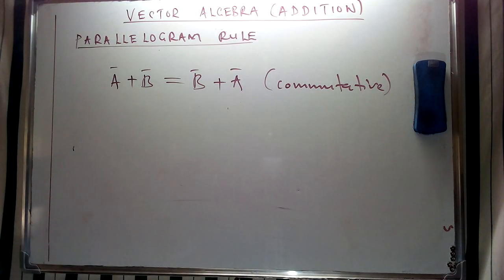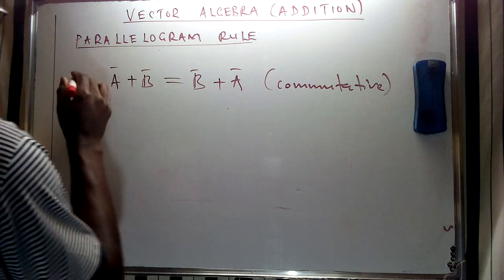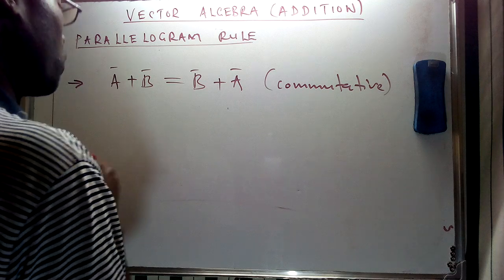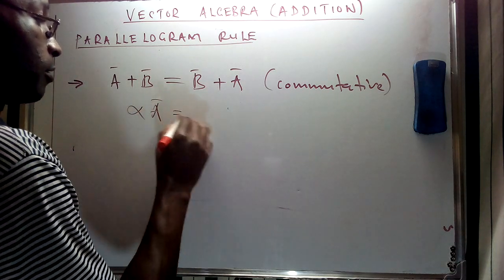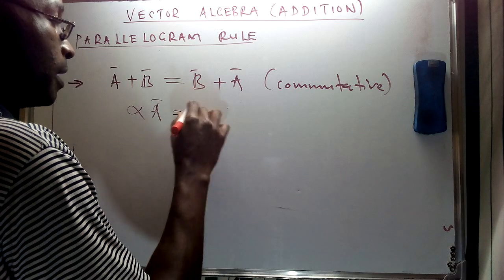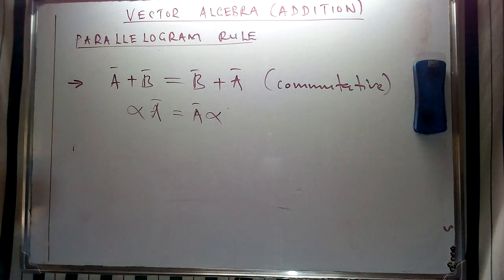And for multiplication by a scalar, the commutative law implies that if we have a scalar alpha with a vector A, this is equivalent to A alpha, and this of course obeys the commutative law of the laws of algebra that we have mentioned.